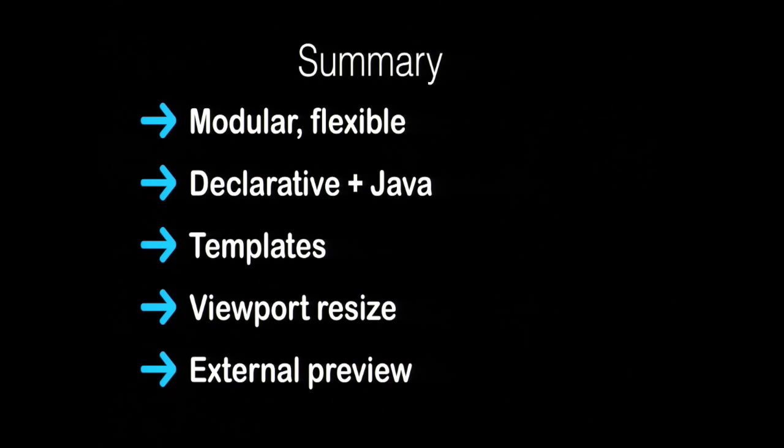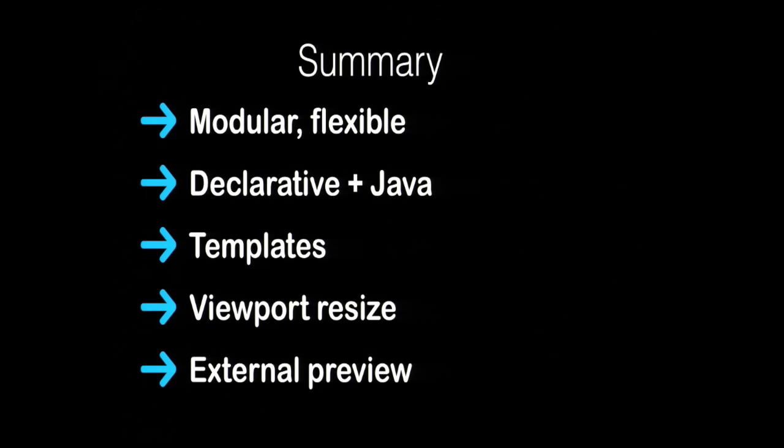So a summary of what we have done so far is to make it modular, flexible, declarative, and Java, so that you get the best of both worlds, at least we hope so, because we hate the string binding.